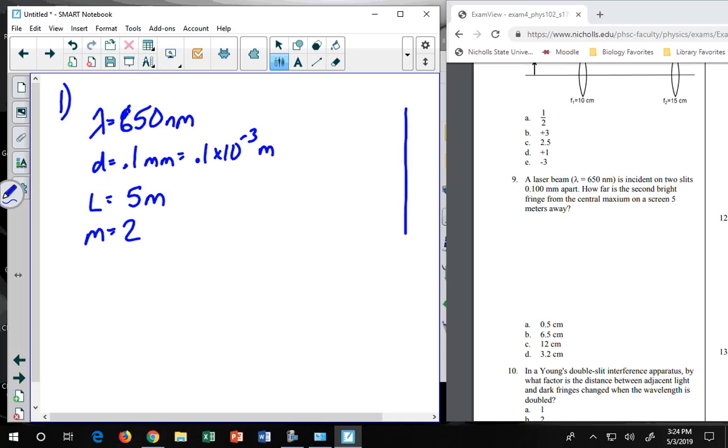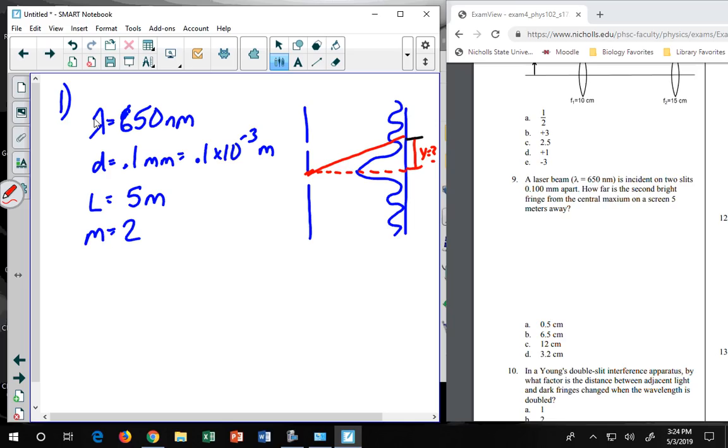So my diffraction pattern looks like this. The second one is up to there. I'm looking for this distance. What is that distance? This is the very first question on your test.